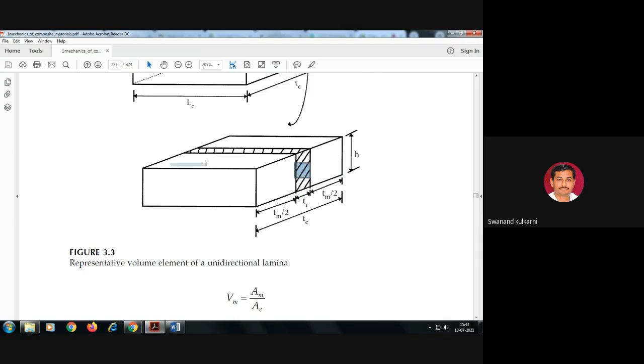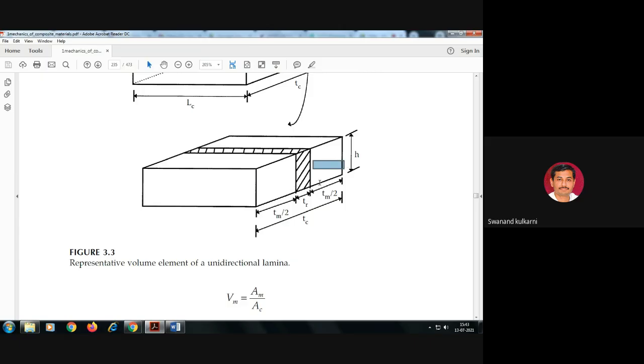Here also at the top surface, we can see this region is matrix, and in between there is reinforcement. Is it okay? So if the total thickness of the matrix is Tm, half of it is present on this side and half on this side.